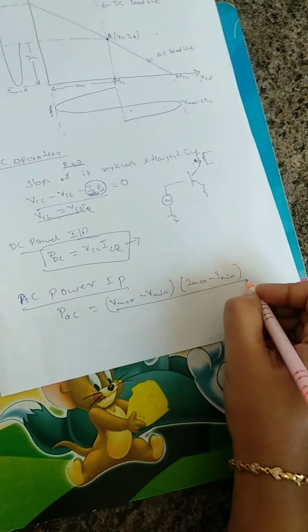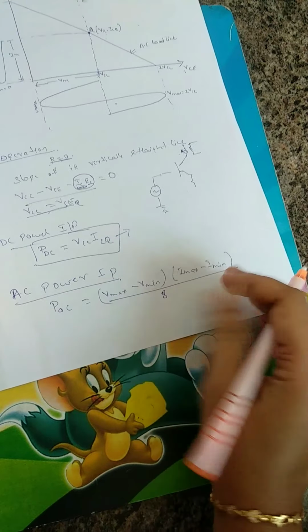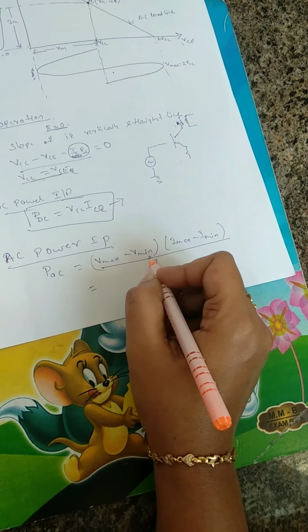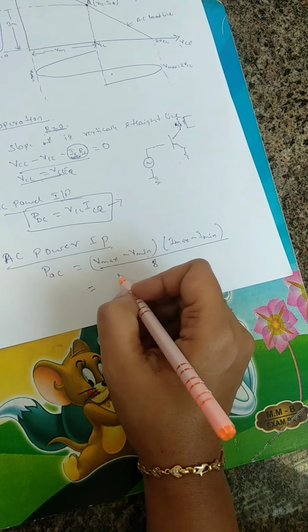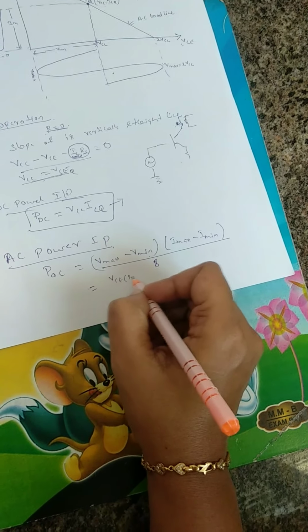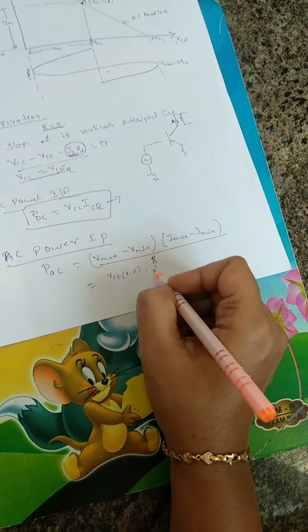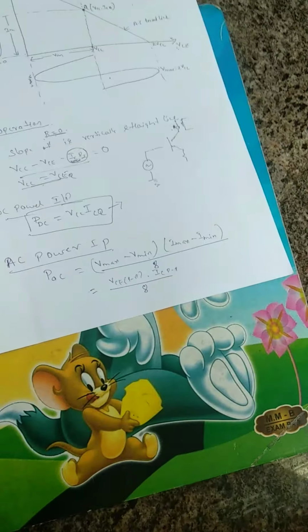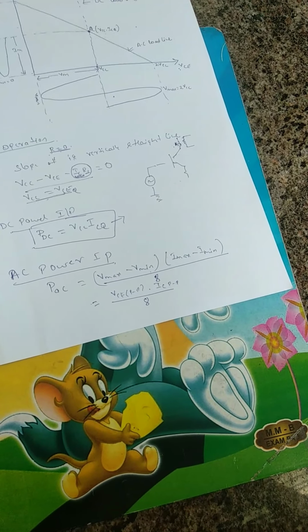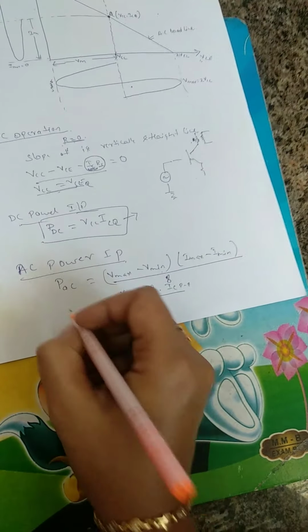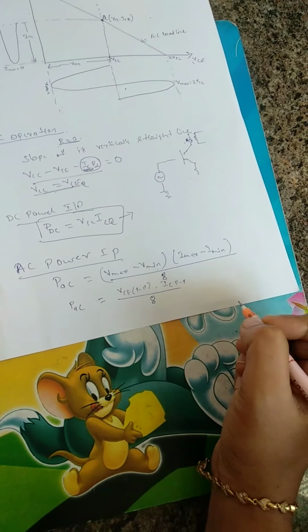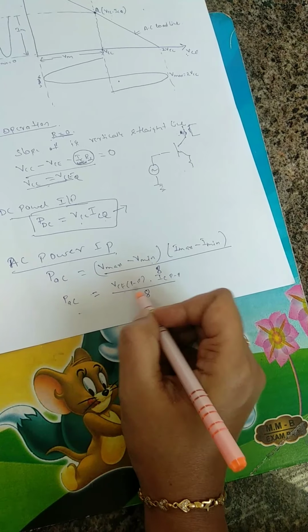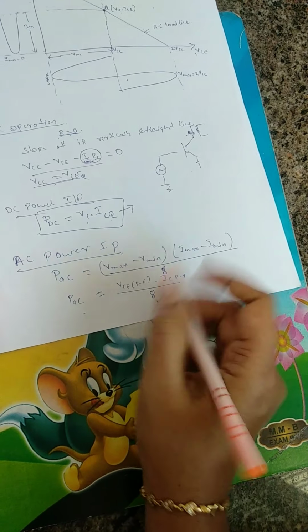PAC is Vmax minus Vmin into Imax minus Imin divided by 8. That is, VCE peak to peak into IC peak to peak divided by 8. So PDC is VCC into ICQ, and PAC is VCE peak to peak into IC peak to peak divided by 8.